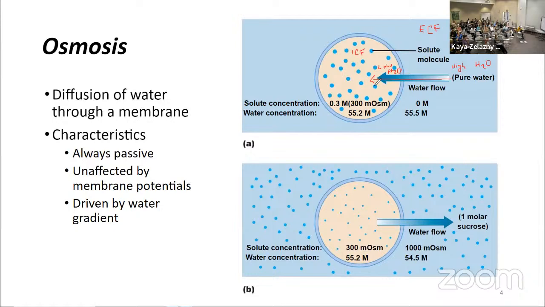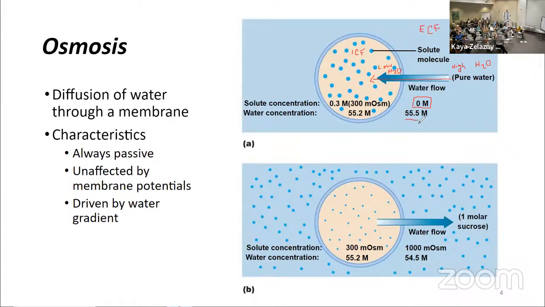So we're going to note here that there's a kind of inverse relationship between our solute dissolved in water and the water itself. So in this situation, the solute concentration of pure water was 0, and on the water side, here we had 55.5 moles of water.